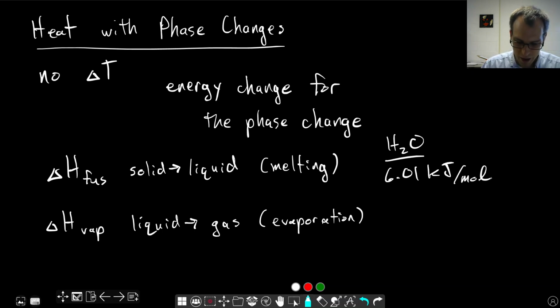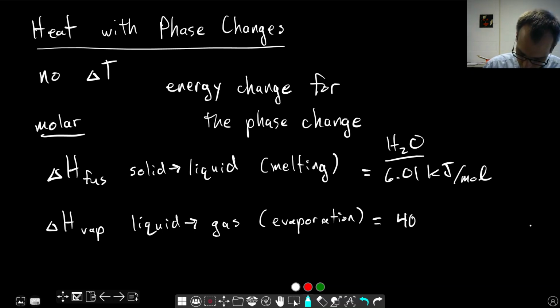And these are usually given as molar enthalpies, meaning that similar to the idea of molar heat capacity, this is how much energy does it take to melt 1 mole of water, or how much energy does it take to boil 1 mole of water. So for H2O, the enthalpy of fusion for 1 mole is equal to 6.01, and for vaporization is a lot more. It's 40.67 kilojoules per mole. So it takes a lot more energy to boil water than just to melt ice.